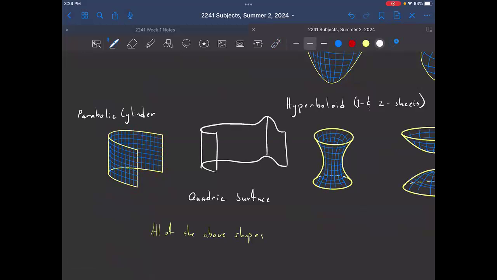And this counts as a cylinder, again, just because it's all of the lines that are parallel to each other and perpendicular to the plane containing this curve. That's a cylinder in general.